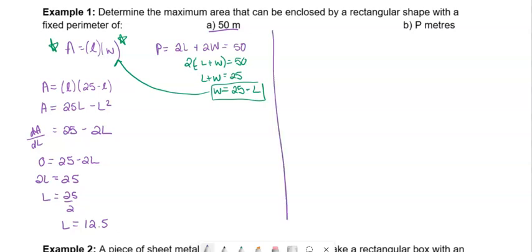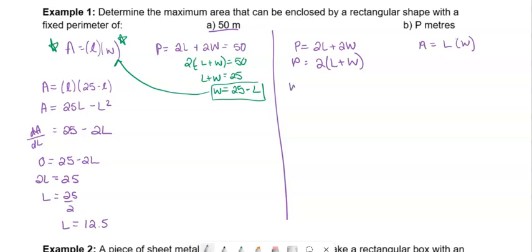Let's talk about what we're doing in general. So in general, we knew that the perimeter needed to be 2L plus 2W, or 2 times (L plus W). And in general, we knew that the area needed to be length times width. So let's say we don't know what the perimeter given is.